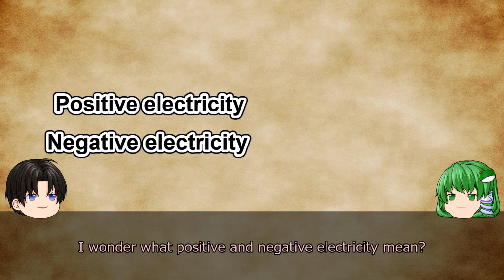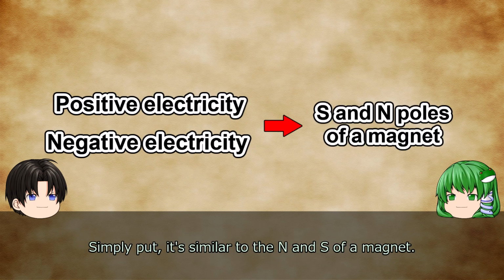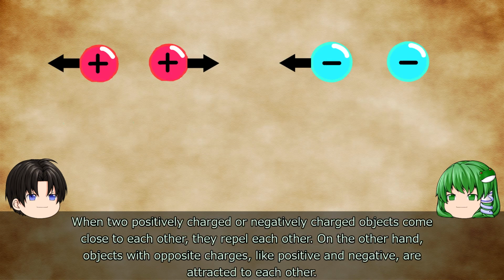I wonder what positive and negative electricity mean. Simply put, it's similar to the N and S of a magnet. When two positively charged or negatively charged objects come close to each other, they repel each other. On the other hand, objects with opposite charges, like positive and negative, are attracted to each other.